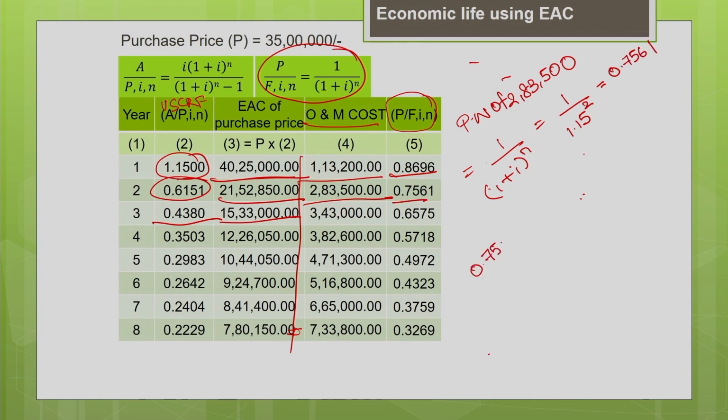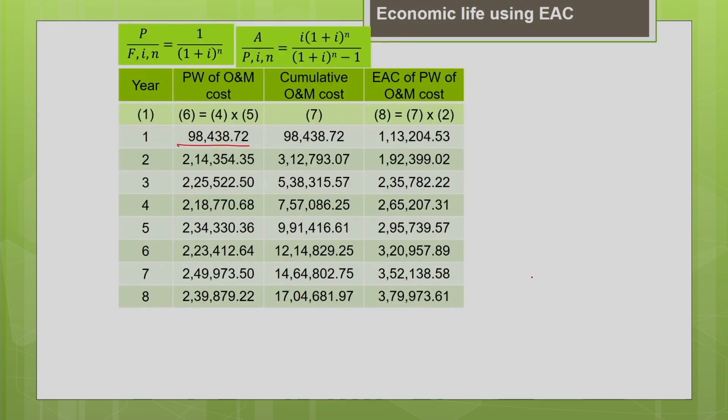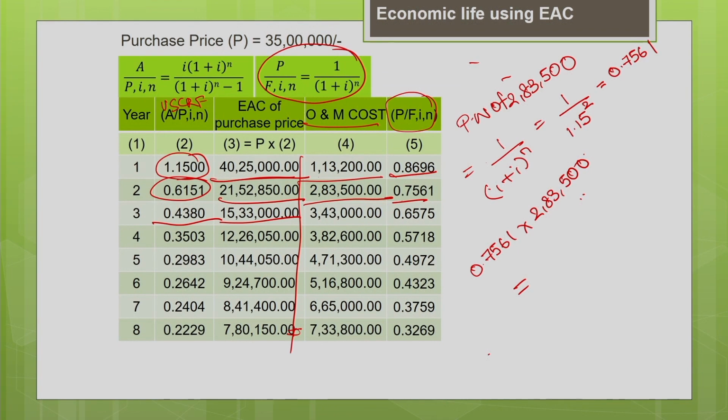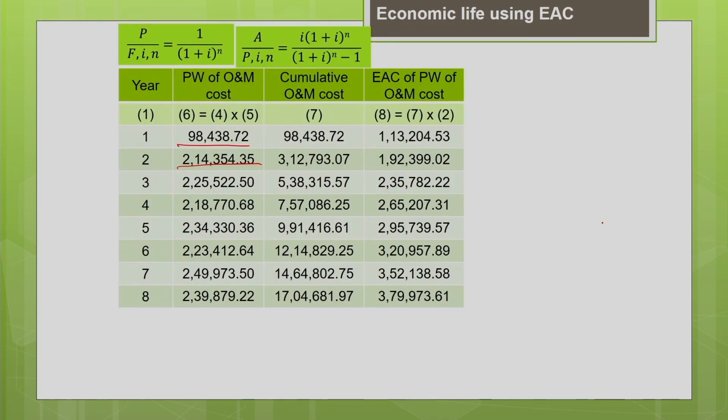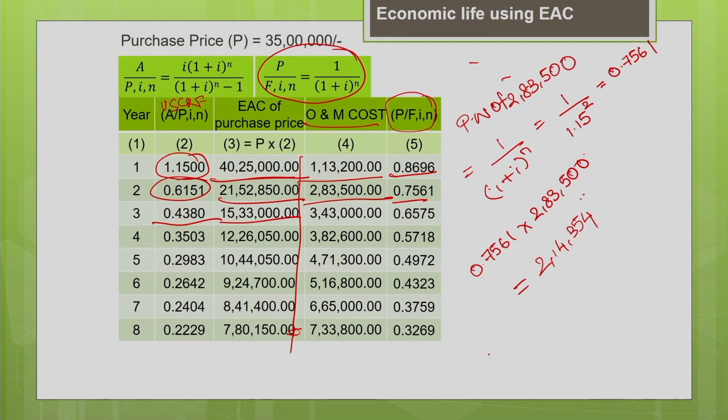This 0.7561 multiplied by 2,83,500 gives you the present worth value as 2,14,354. So, this is how you have to calculate the present worth of the operating and maintenance cost.